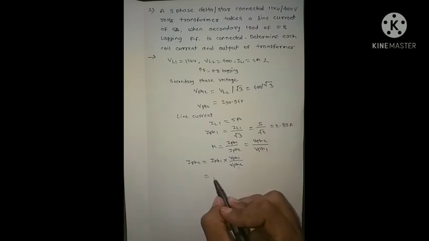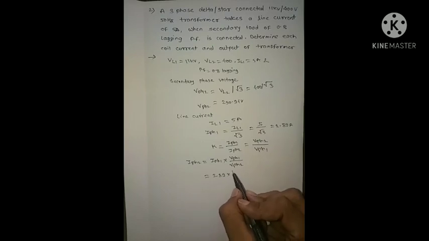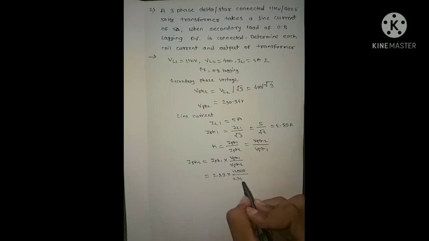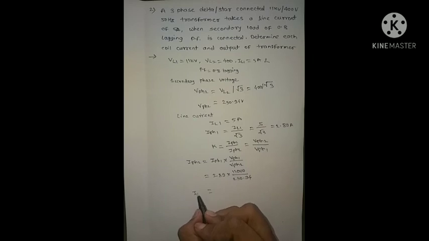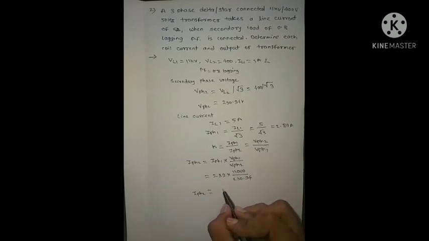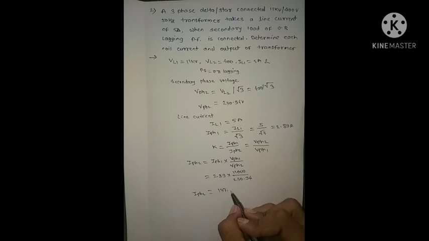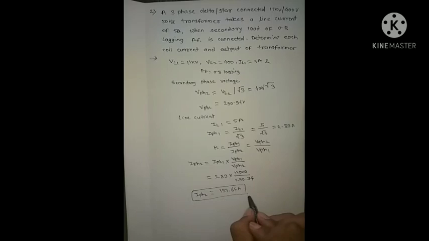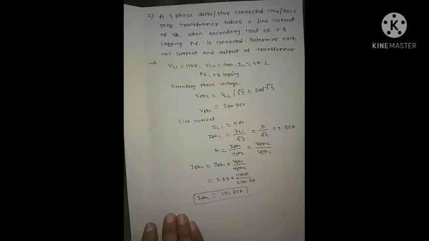Put all the values, we will get 2.89 into 11000 upon 230.94, and by solving this we will get IPH2 equals to 137.65 ampere. This is our IPH2.